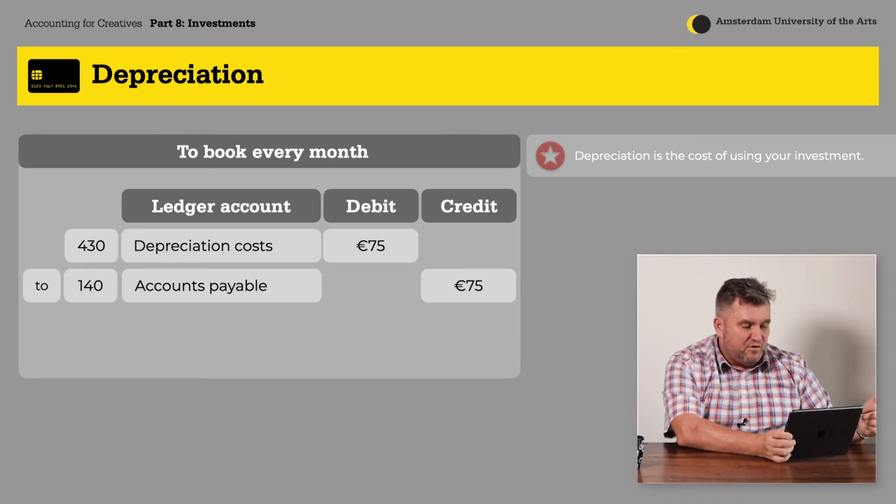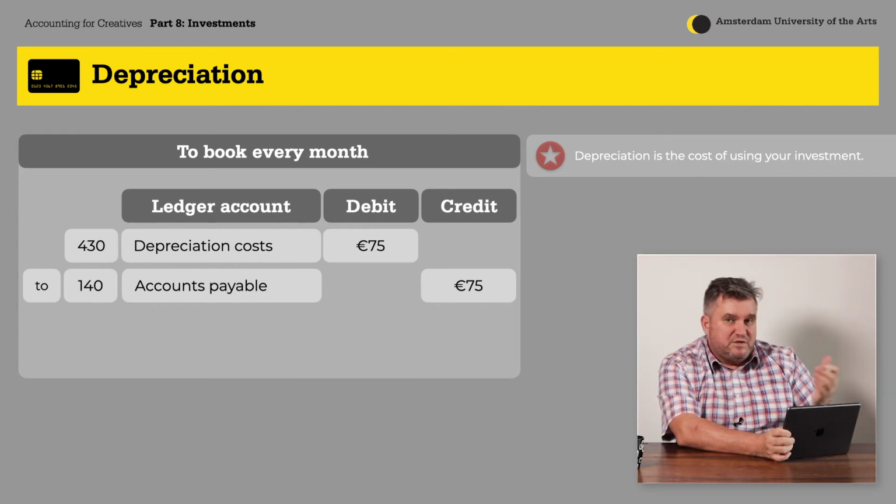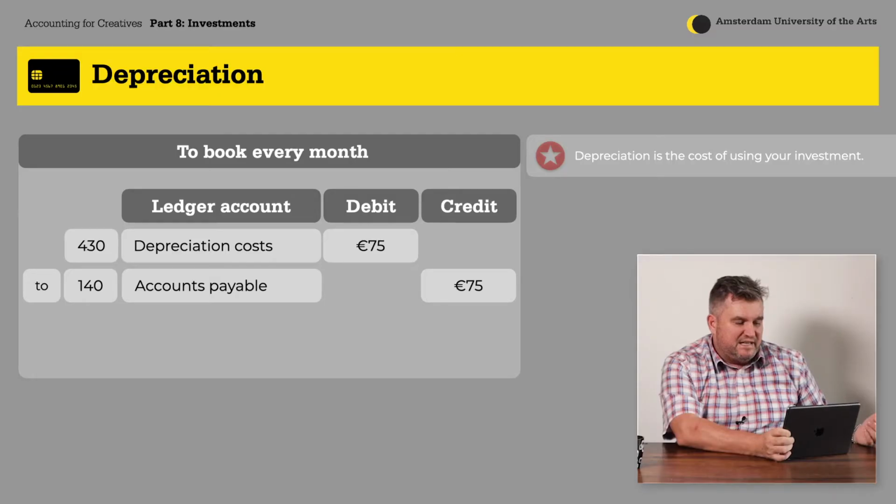You see it starts with 4, which means it's a cost and it affects equity. And it's debited for 75 euros. Because equity is on the credit side, on the right side, and we put it on the left side, equity will decrease. And that's exactly the effect that costs have on equity.